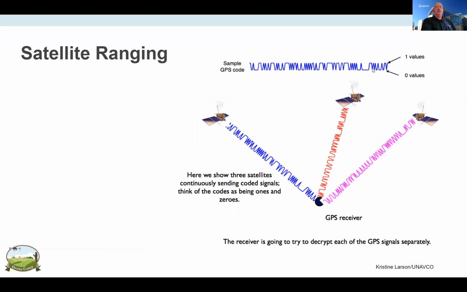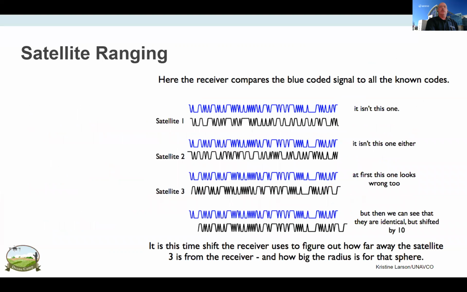Another way to look at it is we've got a receiver on the ground and each one of these satellites is singing its song or sending a code of ones and zeros. And the receiver is going to try to match up its songs that it knows and that it's kind of singing simultaneously to itself to the songs of each satellite. And when it finds one that matches, then it's going to say, okay, they're shifted by a few seconds.